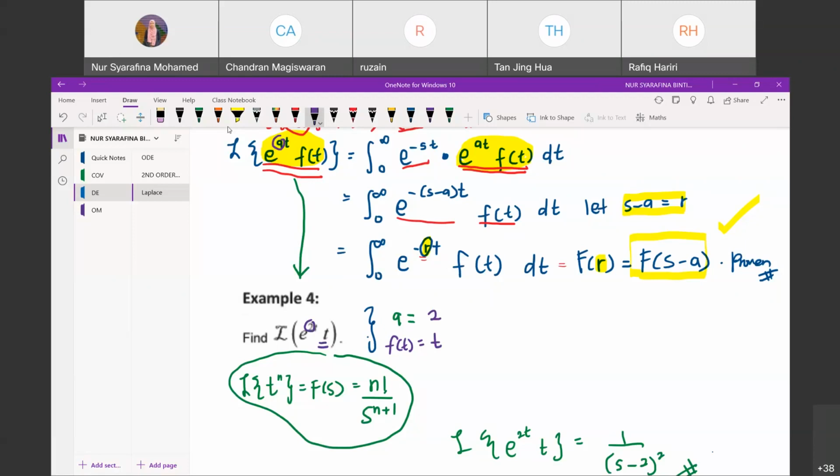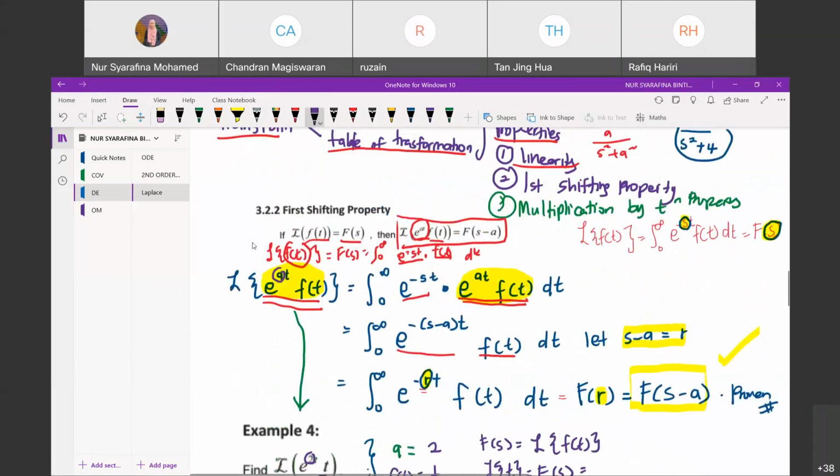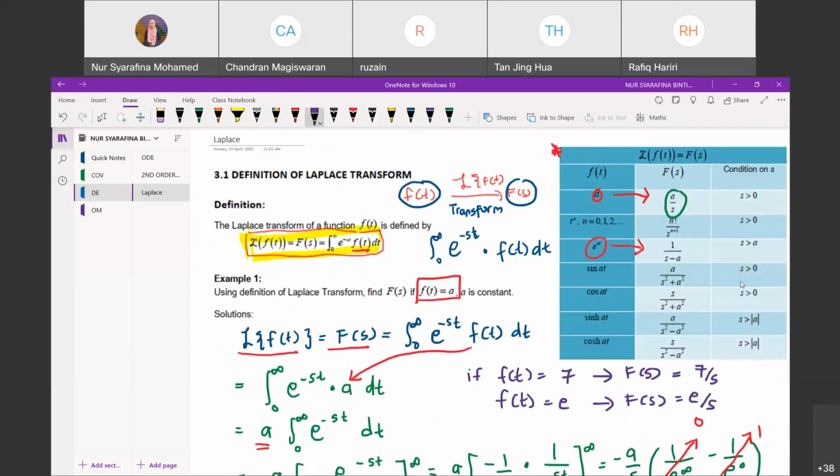When your f(t) equals t, you can get your F(s) by transforming f(t). So transform t, what do you get as F(s)? Looking at the table of transformation, you have t to the power of n. If f(t) equals t to the power of n, the transform F(s) becomes n factorial over s to the power of n plus 1.